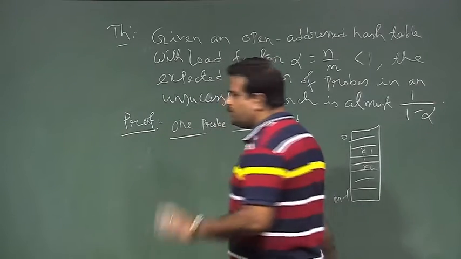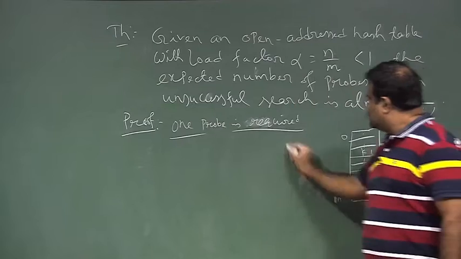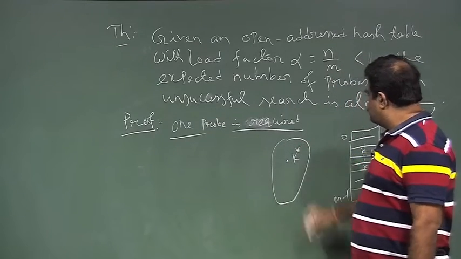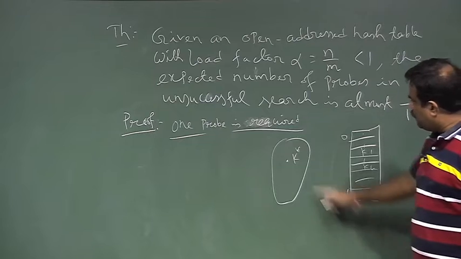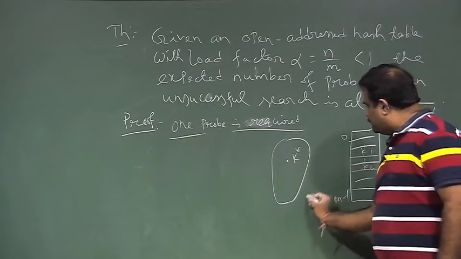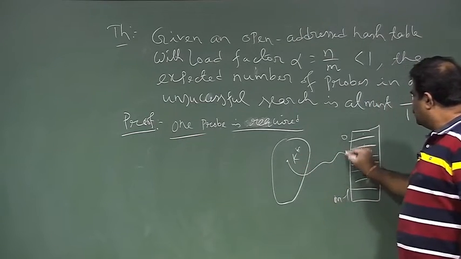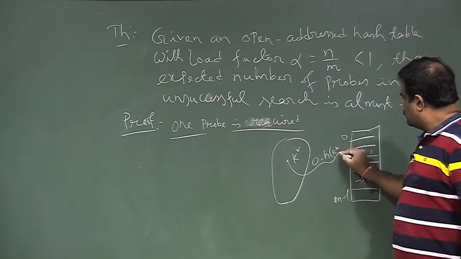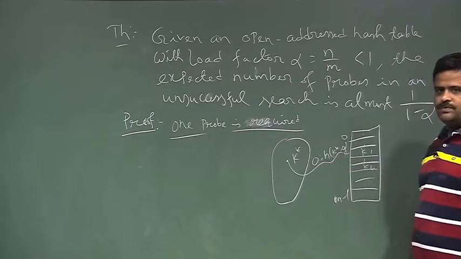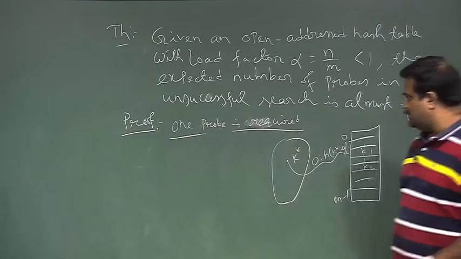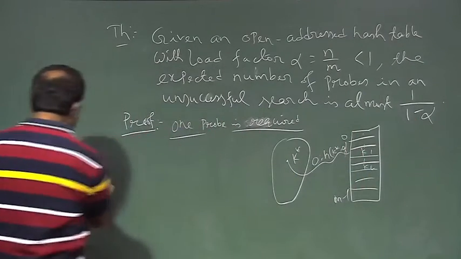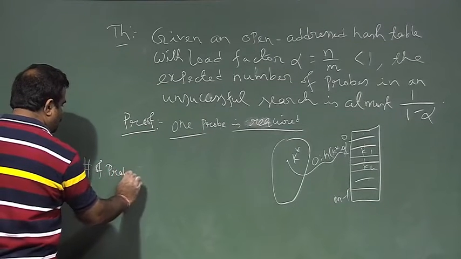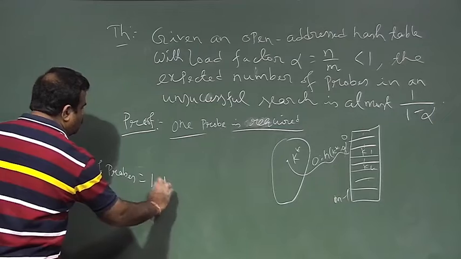Suppose we are finding a key k star which is not there in the table. For that we need to try the 0th probe, h of k star comma 0. So one probe is required.